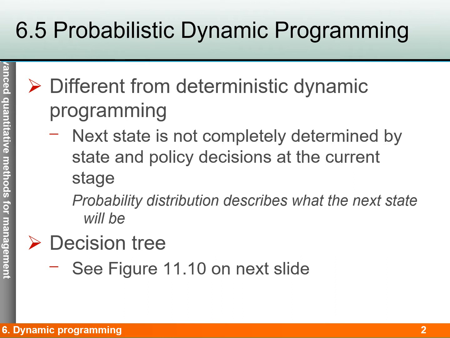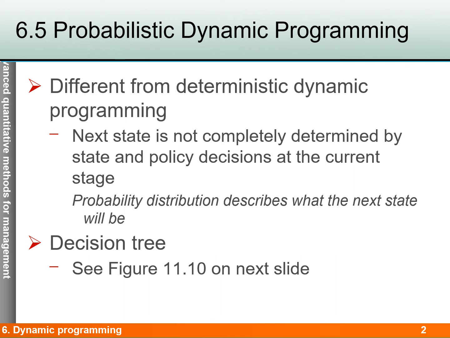Rather, there is a probability distribution for what the next state will be, and based on that probability distribution we'll see what the next state is. However, this probability distribution is still completely determined by the state and policy decisions at the current stage.